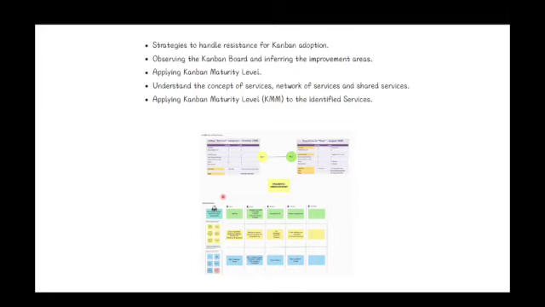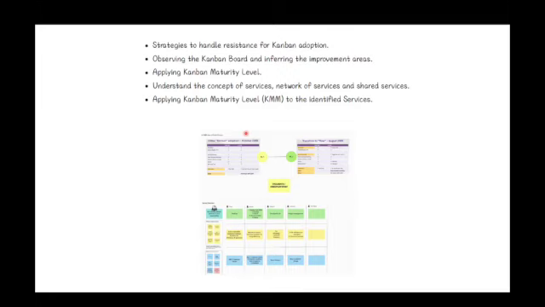We also discuss a case study where we observe one of the Kanban boards and infer the improvement areas. We apply the Kanban maturity level practices, the KMM model that we learned in this class, to this case study, which is called the Post Science case study, which I'll talk about in a while. So we apply the KMM model.